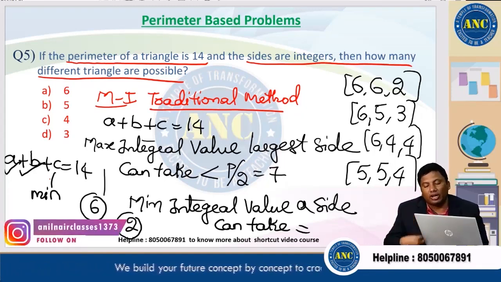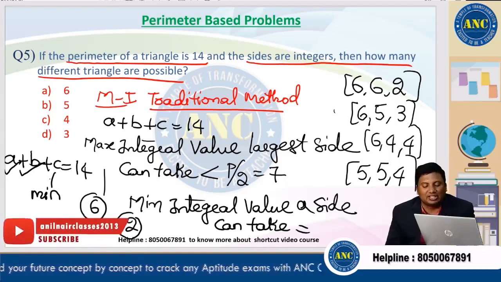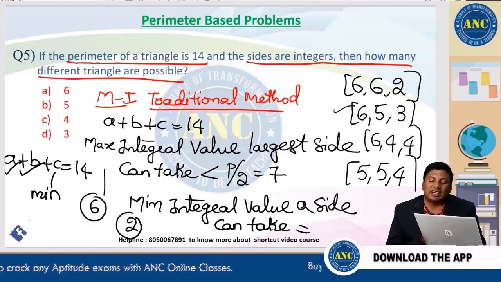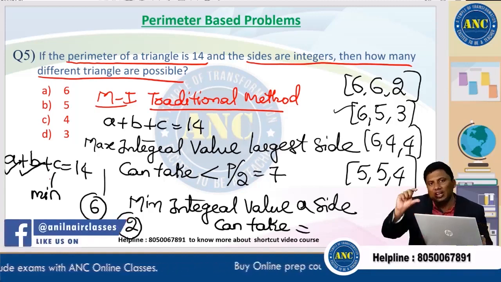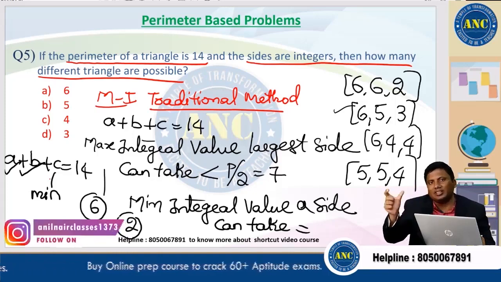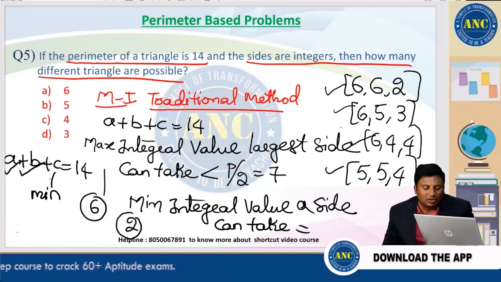If I still go down, it will become 3, 5, 6, and 6, 5, 3. Both are similar, right? If I still go down, I will get the same values in a different order. If I just shift the triangle from one place to another place, the side values will just change. These are the 4 distinct values I will get.